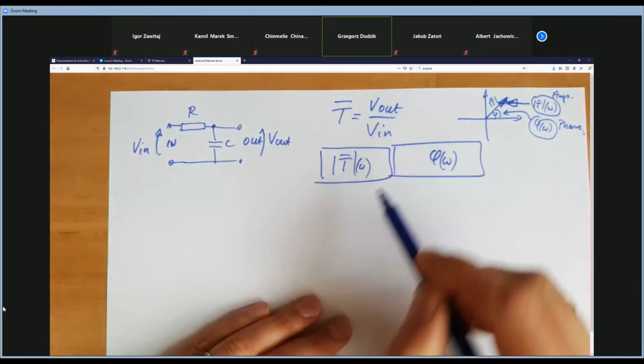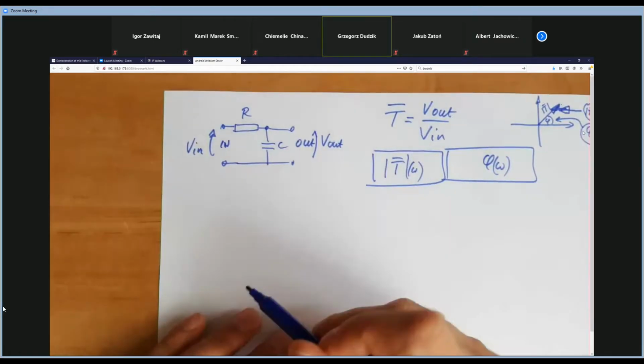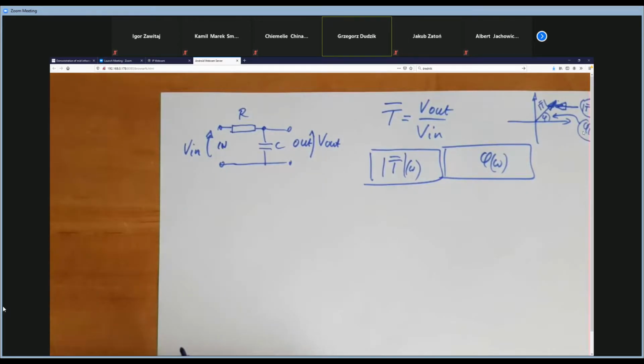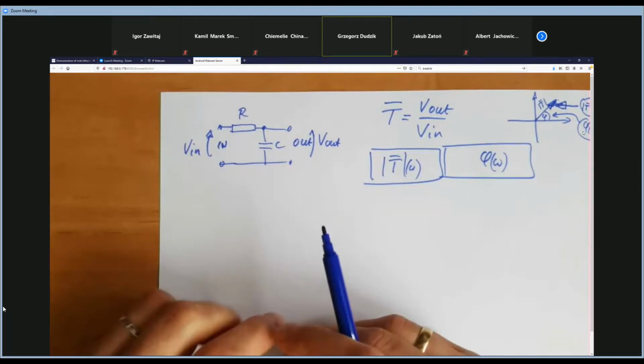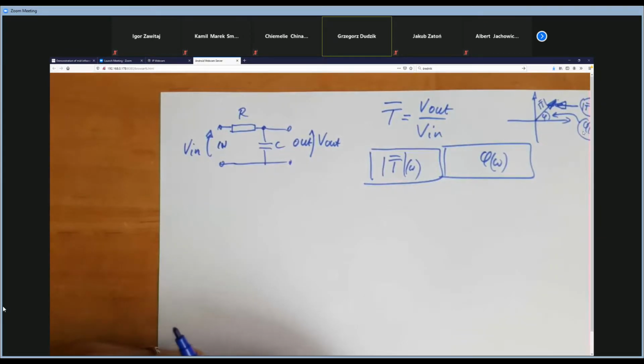Okay. So the first question is how to calculate the transmittance. Before that, because we are operating on complex numbers, it means that we are operating in the AC domain.